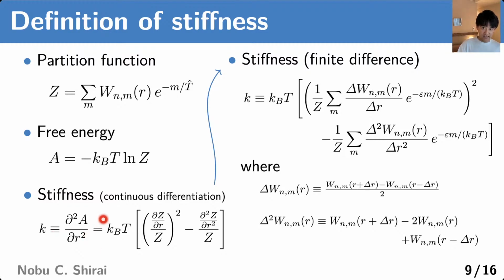Here I did a continuous differentiation of A, but we cannot deal with it in the lattice model, so we change it to a finite difference. So this is the redefined K, and we need the first and second differences to calculate this stiffness. But basically, the only thing we need is these W's, the numbers of interacting self-avoiding walks.